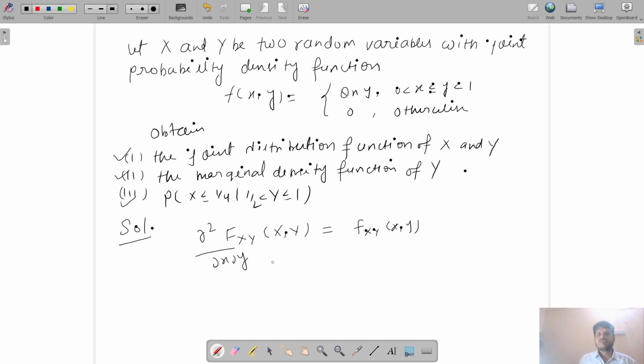What do we have to find here? In the first problem we have to find the joint distribution function of x and y, so this is capital F x comma y. How will we find it? Let me tell you in the next slide.